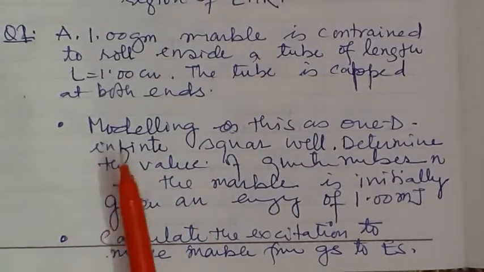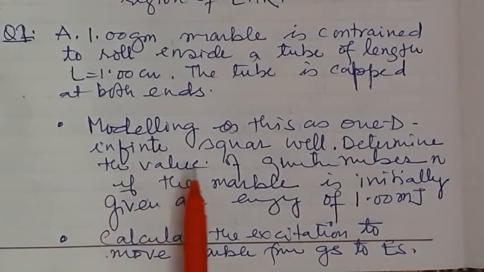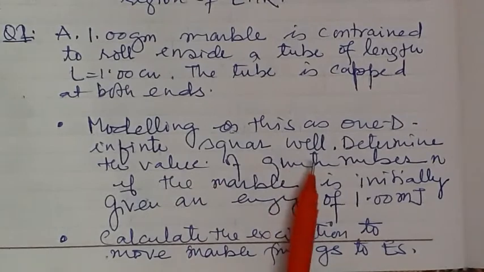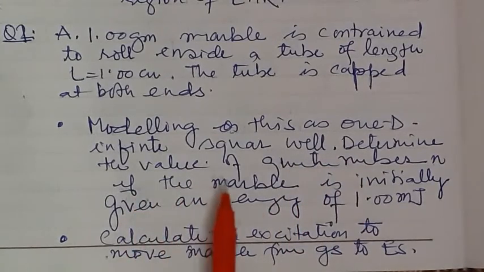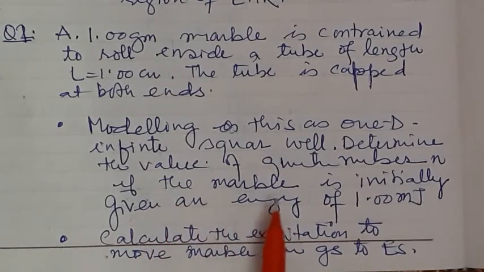It is suggested to model this problem as a one-dimensional infinite potential square well. Determine the value of the quantum number if the marble is given an energy of 1 millijoule, and also calculate the excitation energy to move the marble from the ground state to the excited state.